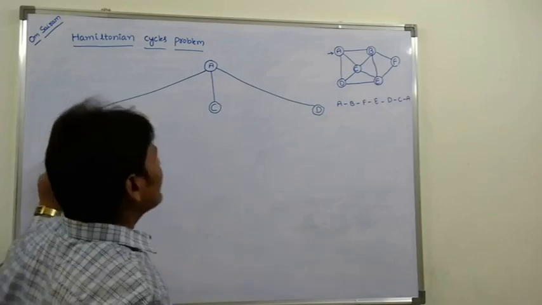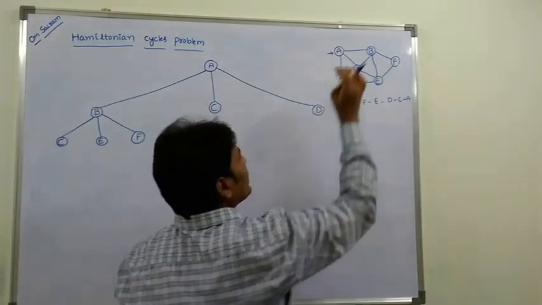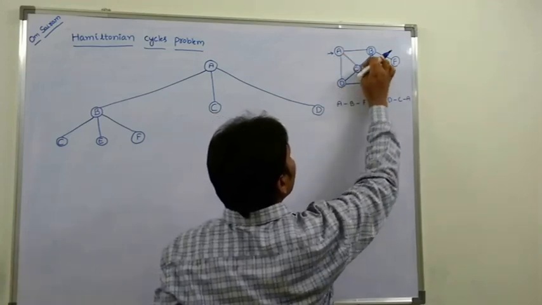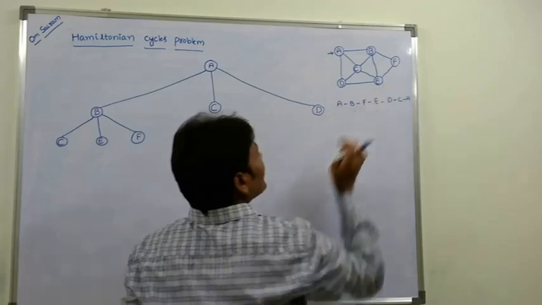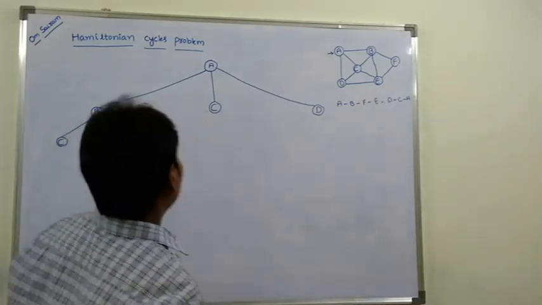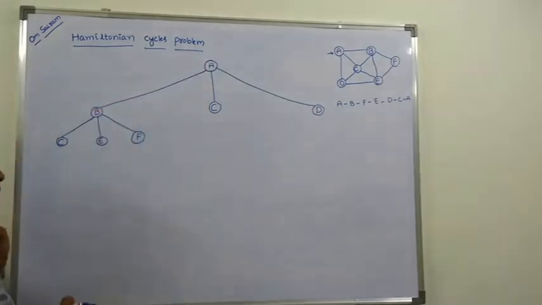Now consider vertex C. What are the adjacent nodes for vertex C? C is connected with A, C is connected with D, C is connected with B, C is connected with E. So A, B, E, D. A and B are already visited.